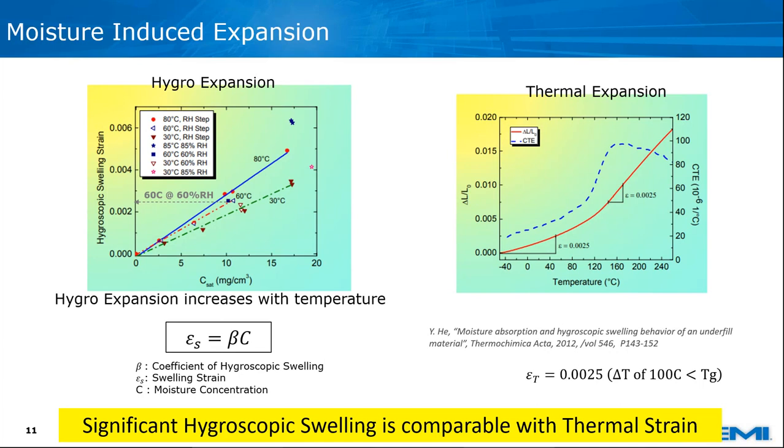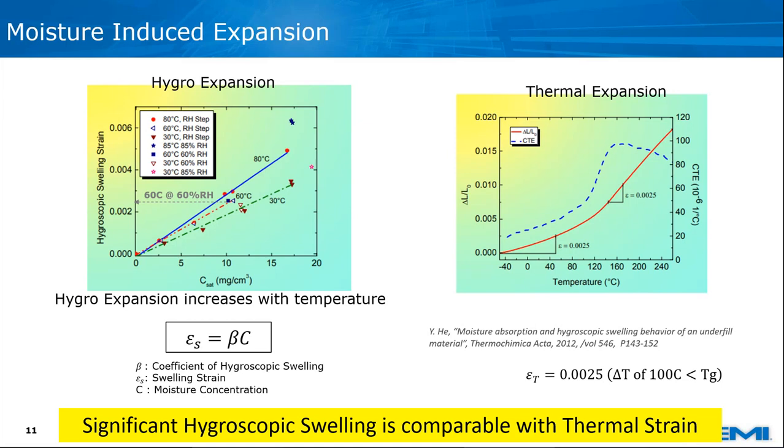Now what I want to draw your attention to is the hygroscopic swelling strain for the underfill at 60 degrees C, relatively low temperature. You can see that at just 60% RH, which is a moderate relative humidity, the swelling strain is as high as 0.25%.